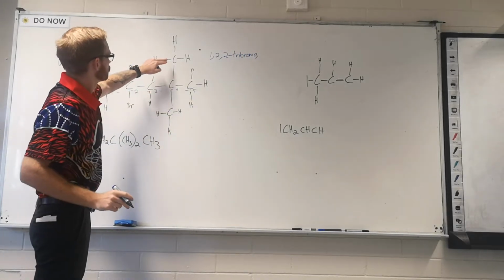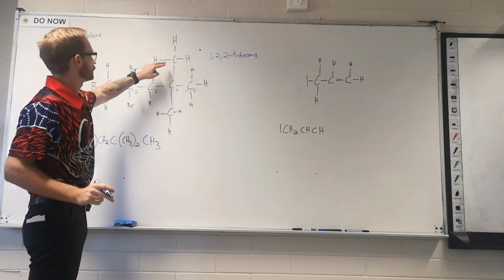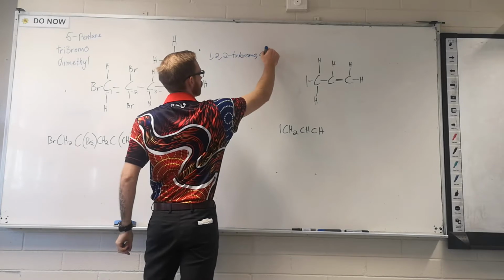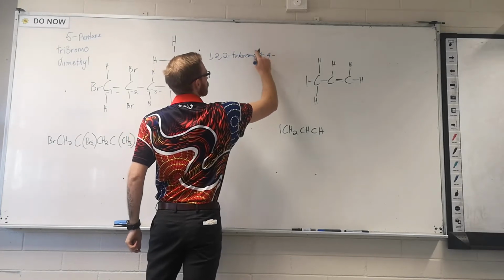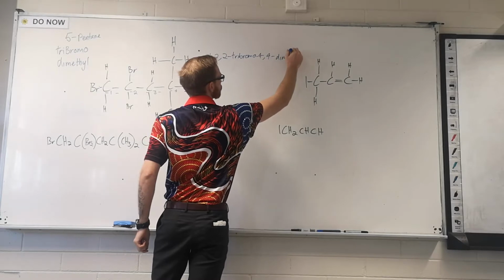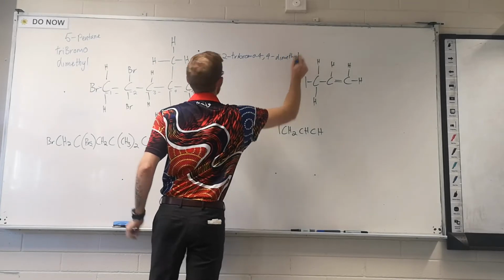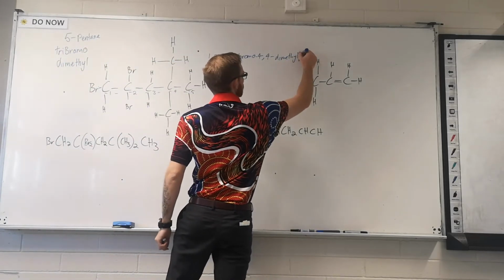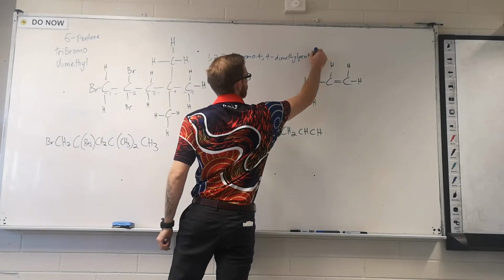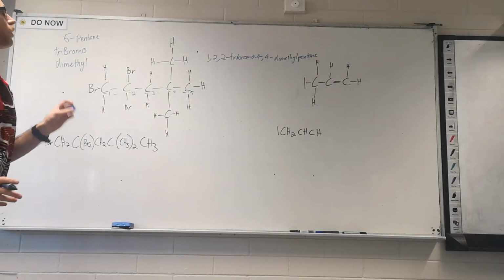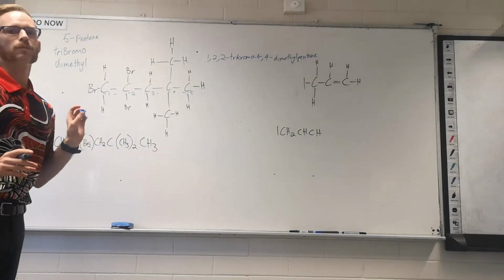I've got my methyl groups attached to my 4th carbon, so I'm going to have 4, 4, dimethyl, and of course we've got our 5 carbons making a pentane. So this one is going to end up as 1, 2, 2, tribromo, 4, 4, dimethylpentane.